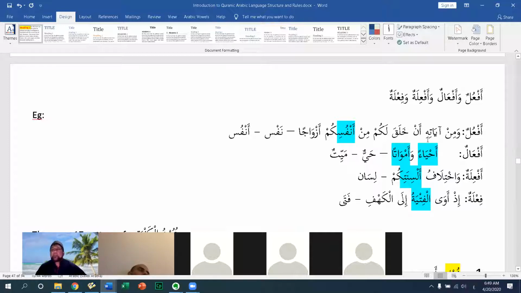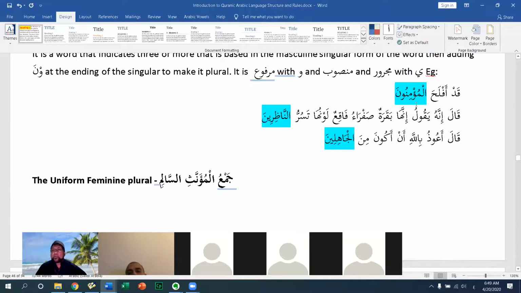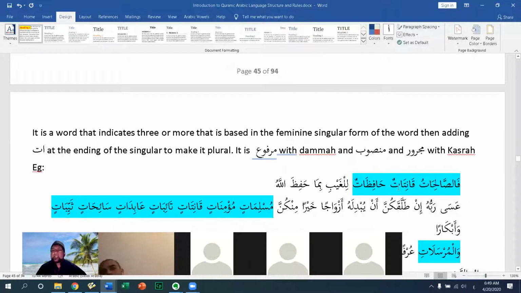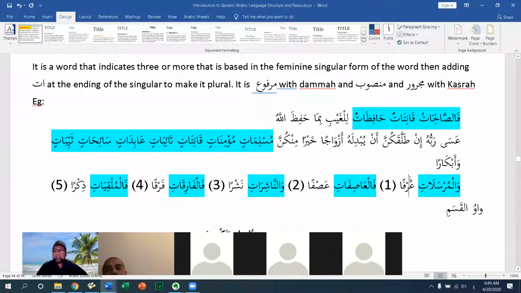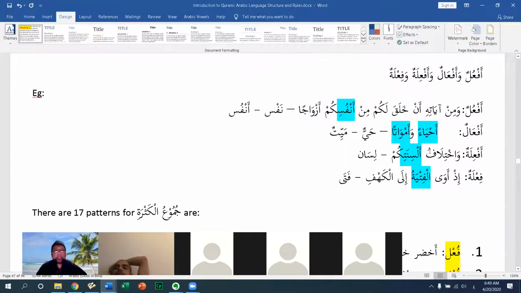So all you have to remember here is that there are patterns for plural that follow the Jam' al-Mudhakkar al-Salim, where you can still see the singular, and many of them you do not. Or the feminine word, you can still see the singular, qanitatun. But there are many of them that you don't see the singular anymore. They're broken patterns.